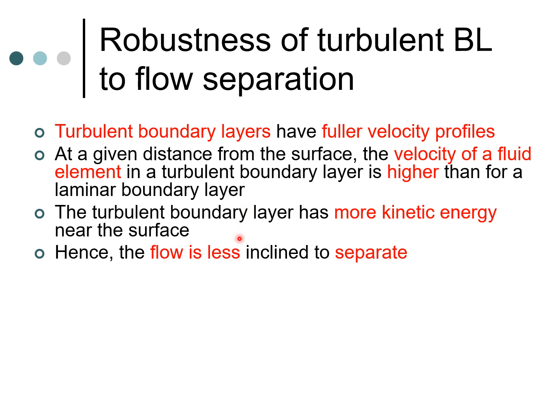The turbulent boundary layer has more kinetic energy near the surface, and therefore the flow is less inclined to separate. This is very interesting: because the fluid particles have higher velocities compared to the laminar case, the flow is less inclined to separate. So we can say that the turbulent boundary layer is more robust to flow separation.